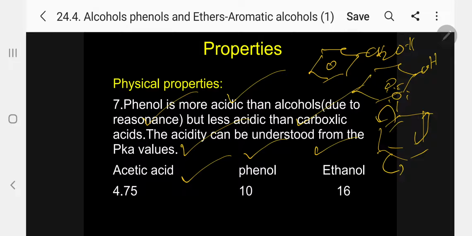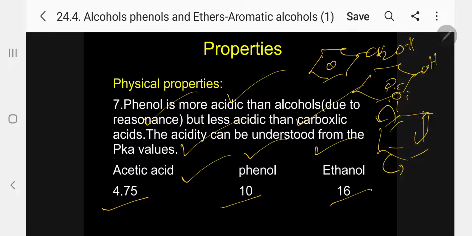Kindly follow. So phenoxide is the more attracting group, so H plus is easily removed, and after forming that, it gains resonance stability. So that's why it is more acidic compared to other alcohols. Acetic acid has a pKa value of 4.75, phenol 10, and ethanol 16.